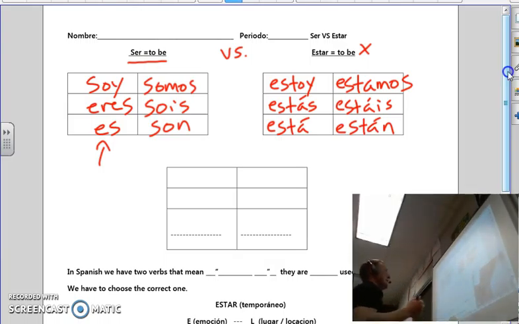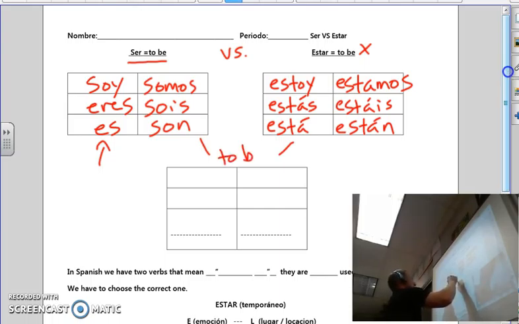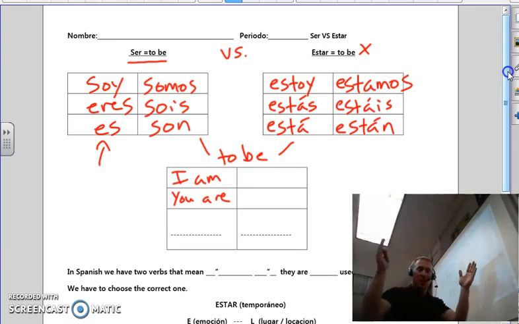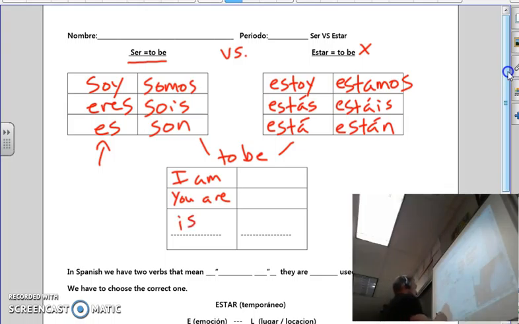And here's what's happening. We have this verb, and they both mean to be. So how do you say I am in Spanish? Soy or estoy? Cómo se dice you are in español? Eres or estás? It's something we need to figure out. There's two ways. I am, you are, is, or if you're doing formal, this could be you are.